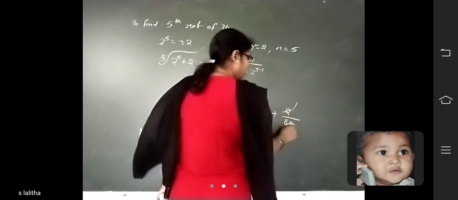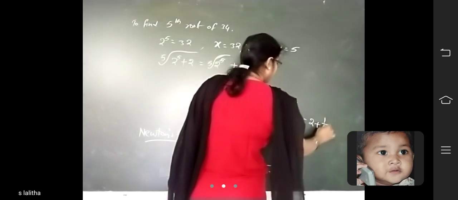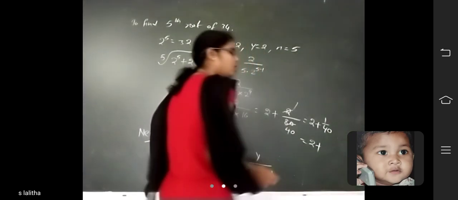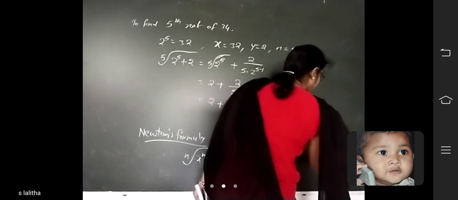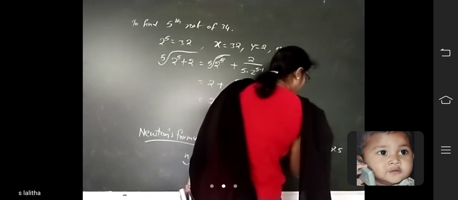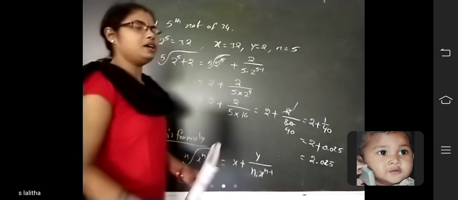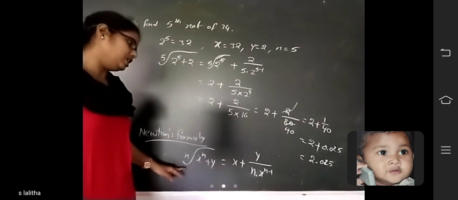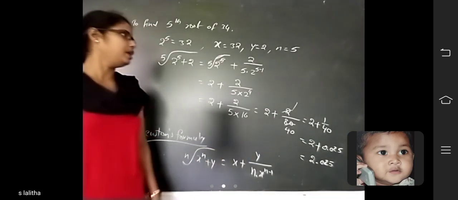So 2 plus 1 by 40. How can you write 1 by 40? 0.025. So add, 2.025 is the answer. Okay? How can you find the fifth root of 34? Using this formula, Newton's formula, we have to do like that. Okay?